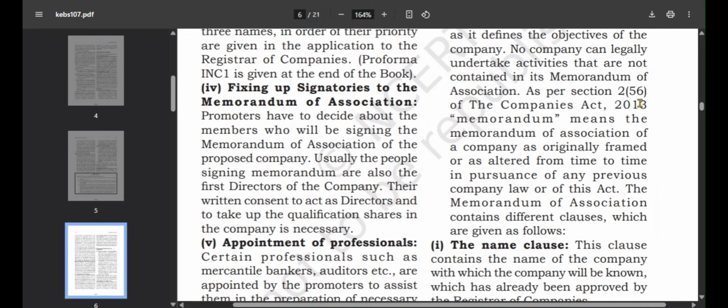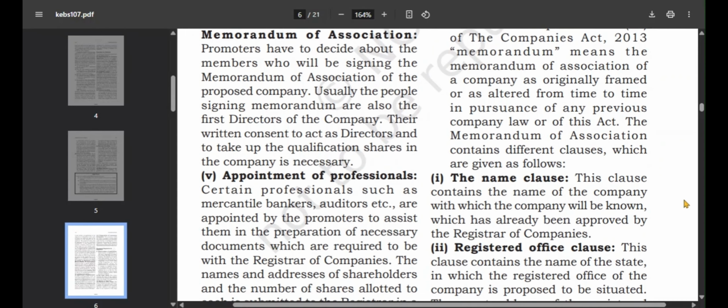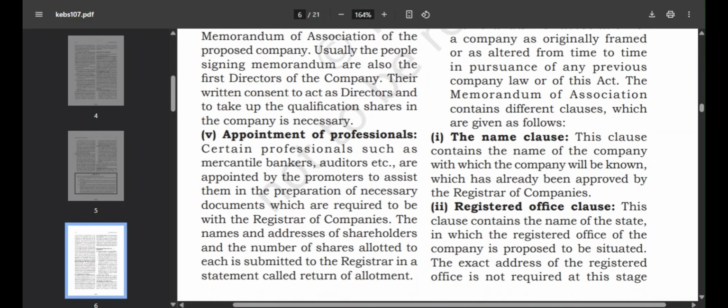The Companies Act 2013 defines memorandum as the memorandum of association of a company as originally framed or altered from time to time in pursuance of any previous company law or of this act. The MOA contains different clauses which are given below.